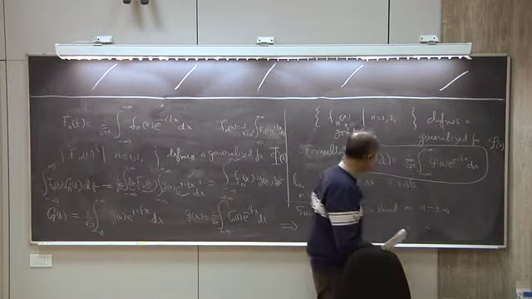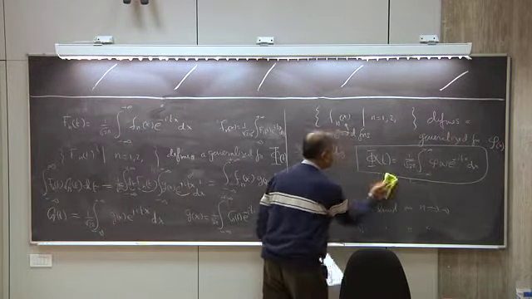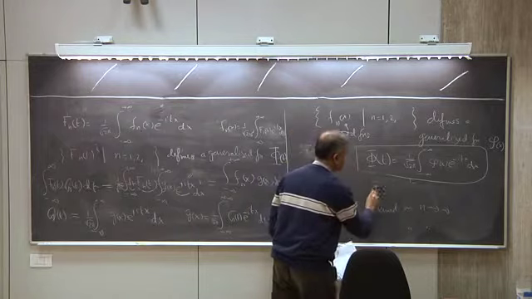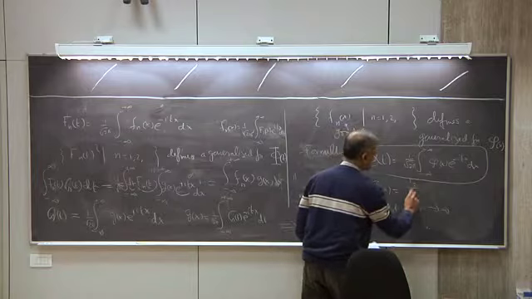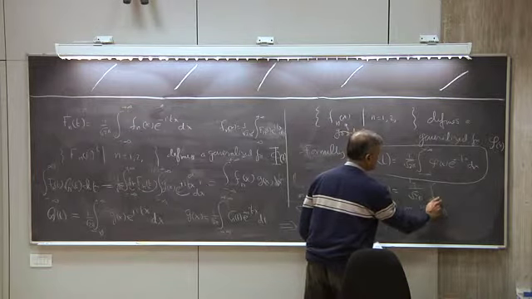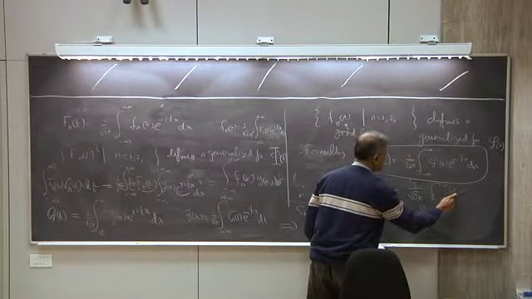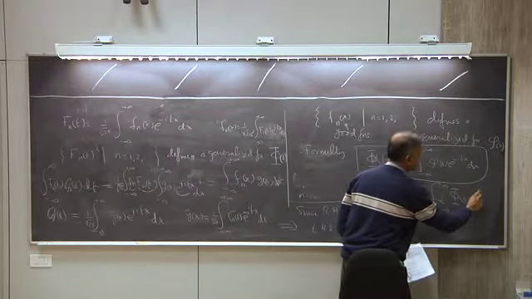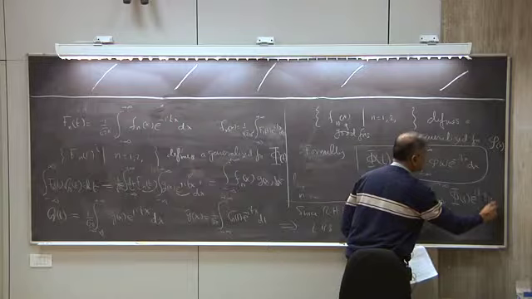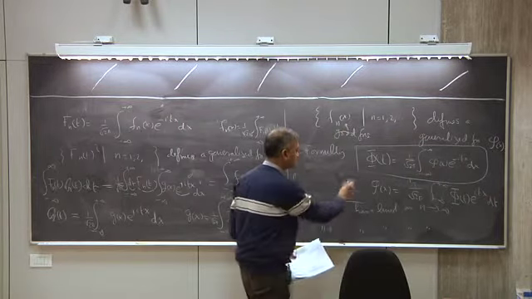So this means that not only is this true, but even the inverse transform gives you back the original generalized function: phi x equals the integral of capital phi t e to the i t x dt. This is also true.